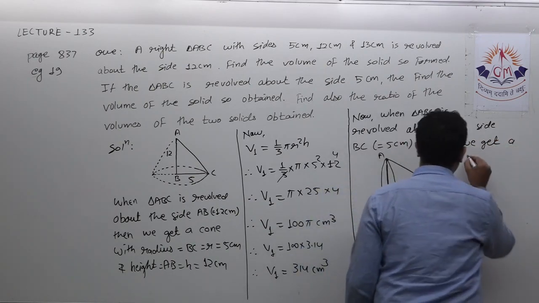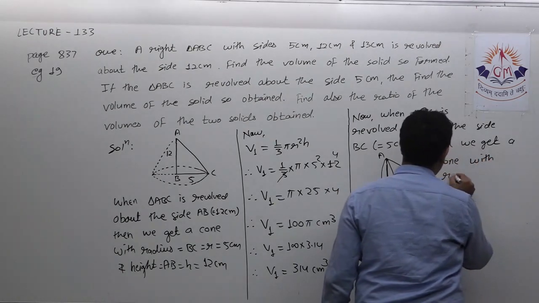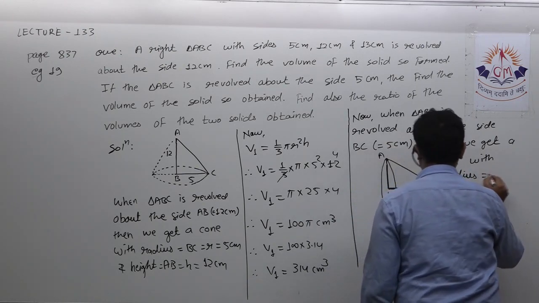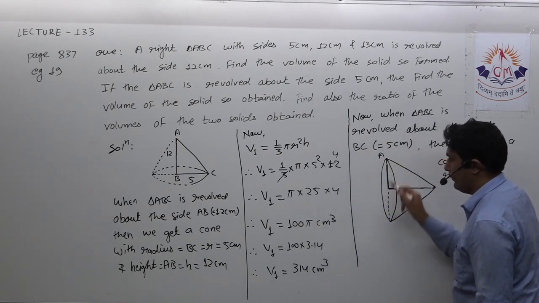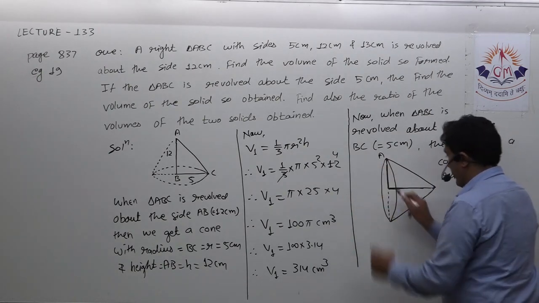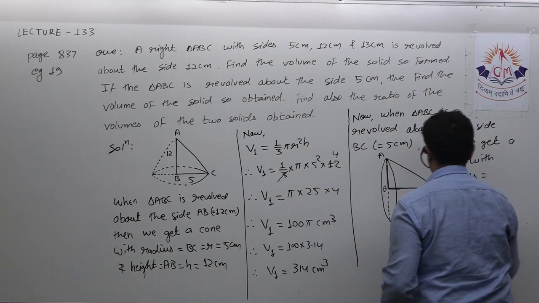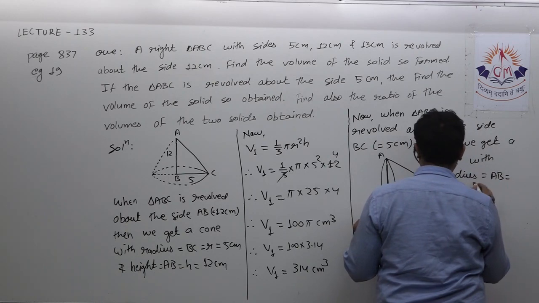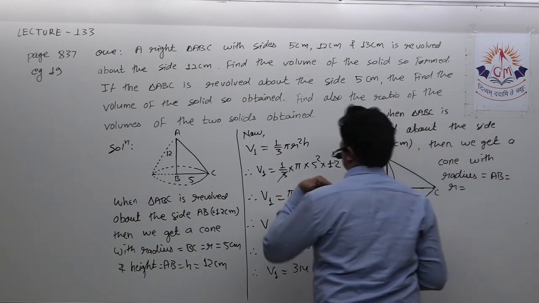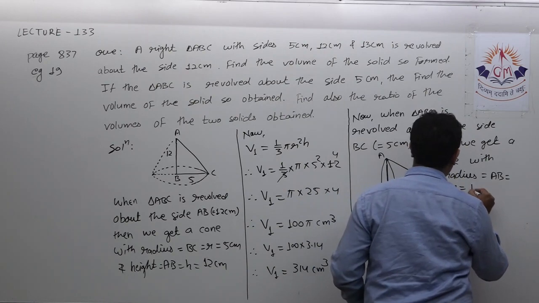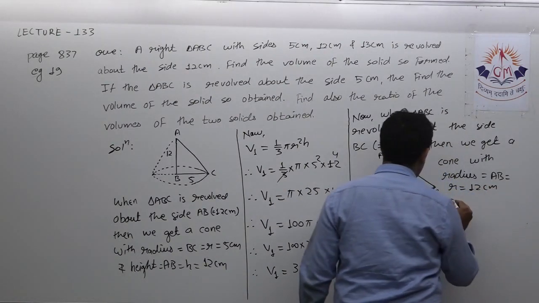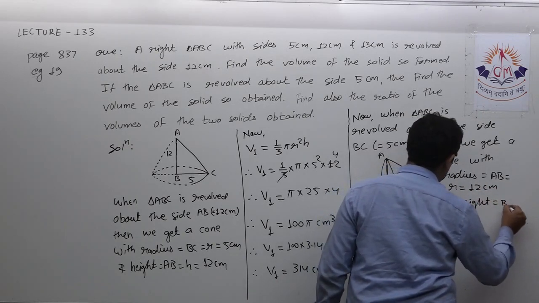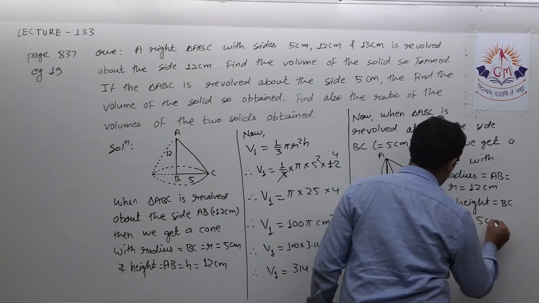We get a cone with radius AB. This will become the radius this time. So over there BC was the radius. Over here this AB becomes the radius. So with radius R is equal to AB, AB is 12 centimeter, and height this time becomes BC, H is equal to 5 centimeter.